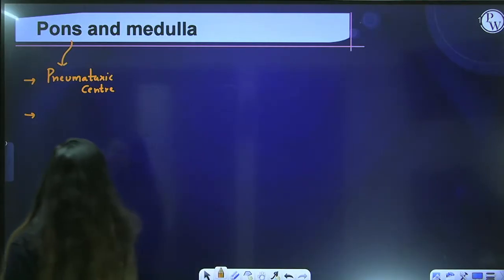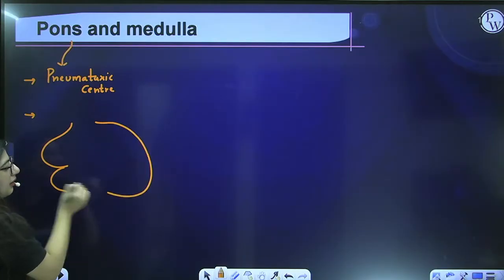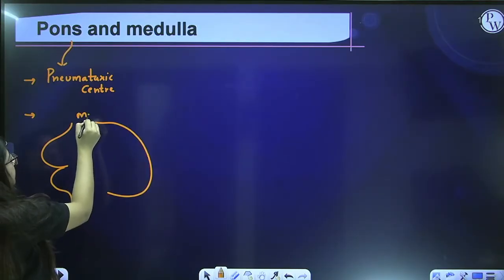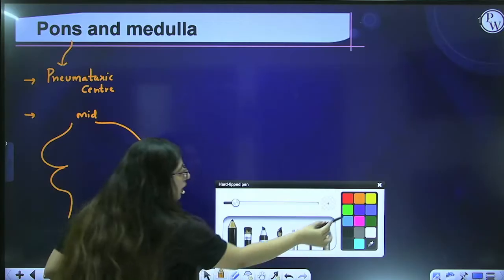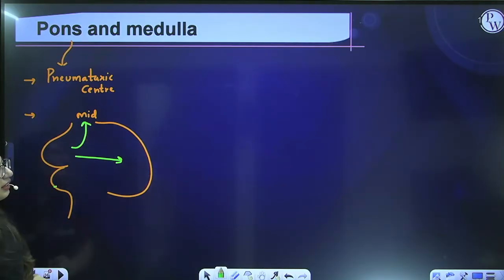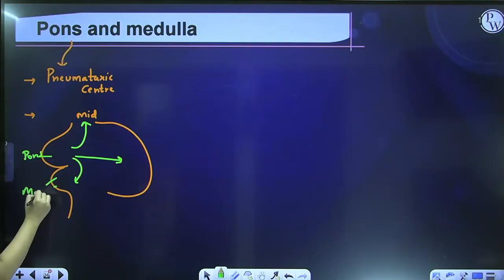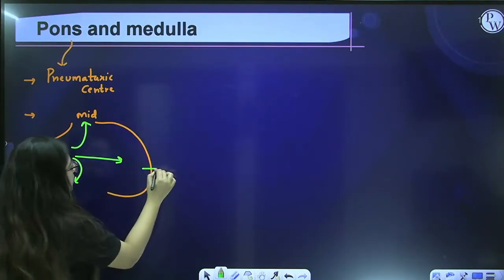For example, if this is pons, this is medulla, this is cerebellum, and this is midbrain. So this pons is connecting to the midbrain. It is also connecting to the cerebellum, and to the medulla.